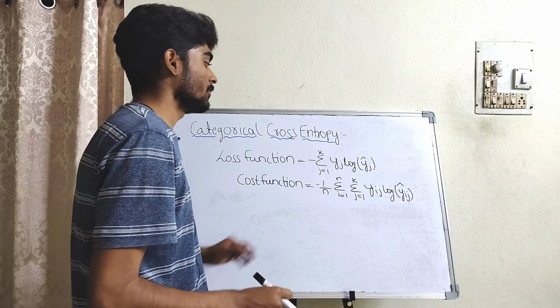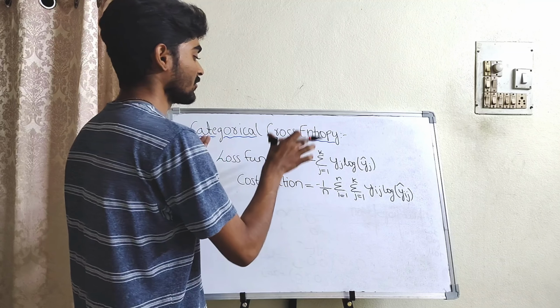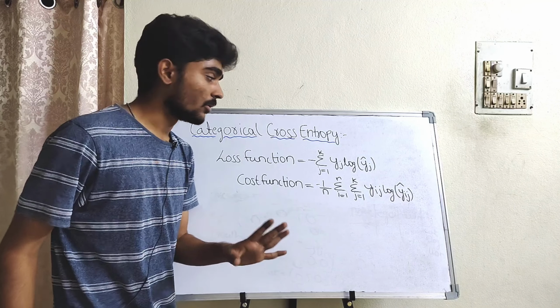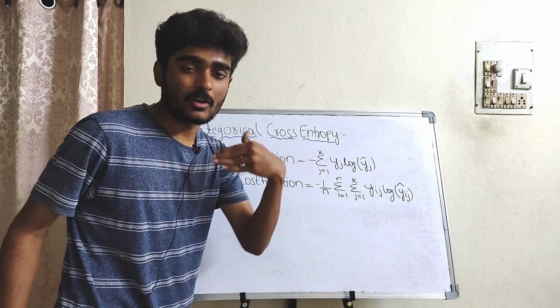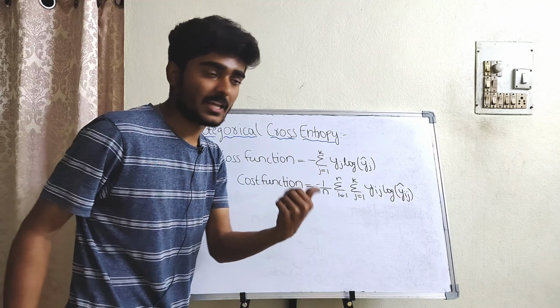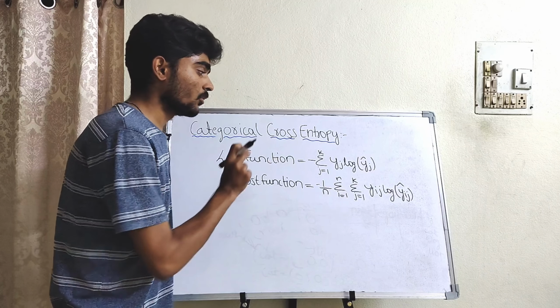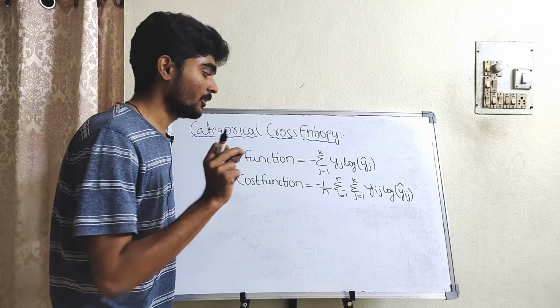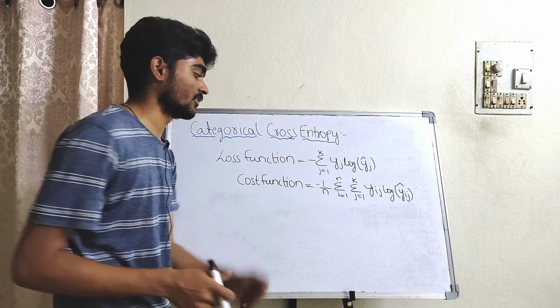In this way we'll be having three terms for the loss function. Now if you have n classes in your dataset, j will be running from 1 to n. I hope you understood a little bit, but I'll be explaining this loss function in detail.